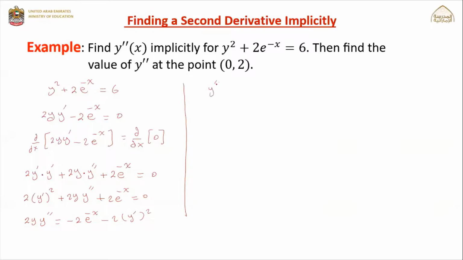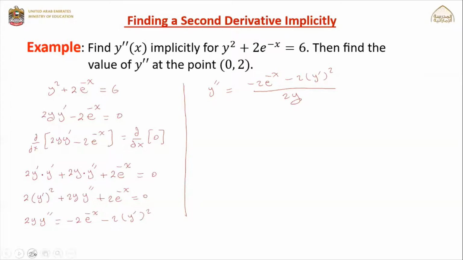Now y double prime equals (negative 2e to the power negative x minus 2y prime squared) over 2y. As you see here, the value of y double prime has terms of x, terms of y, and also a term of y prime. This y prime, I must substitute by its value in x and y.